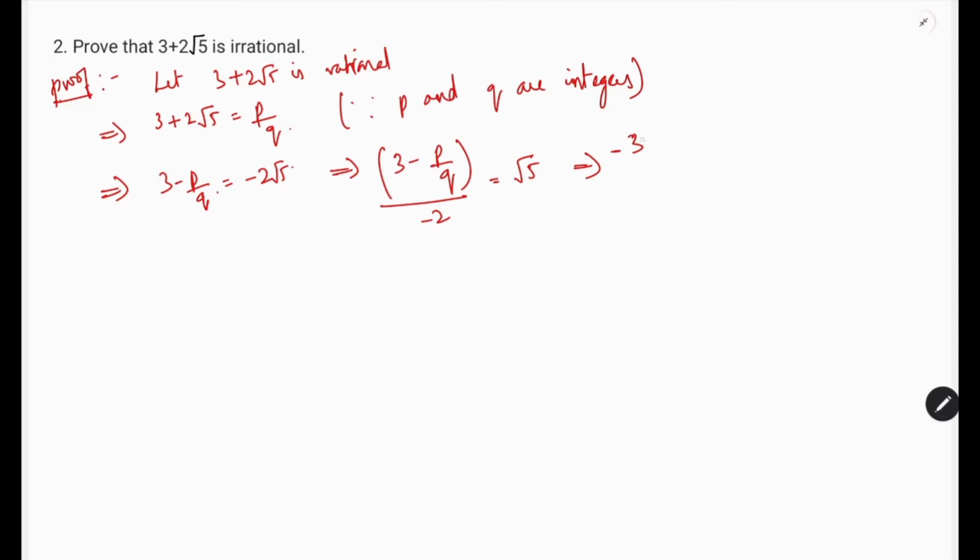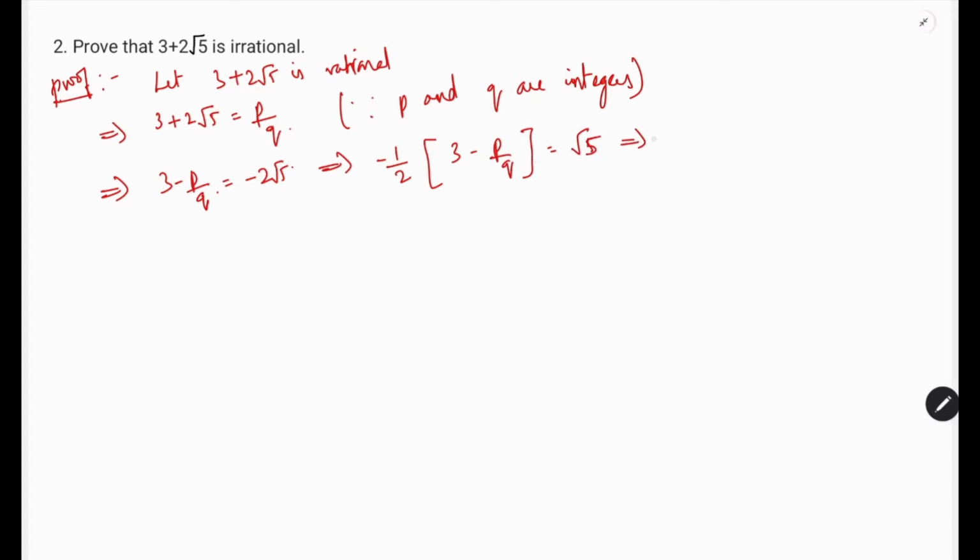If you are confused, you can write it like this: take 2 to the other side, so it will be minus half into 3 minus p by q is equal to root 5.